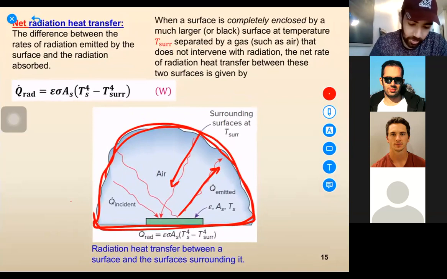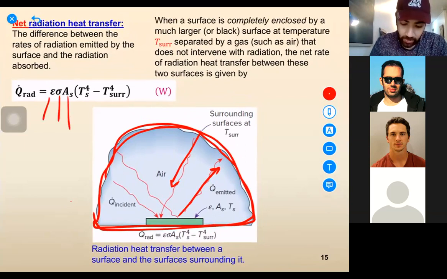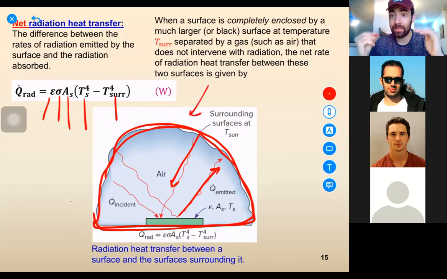Again, we have the epsilon term, we have the sigma, which is the Stefan-Boltzmann constant, the area of the surface, the temperature of the surface, and the surrounding temperature, that is the temperature at a location far away from the surface.